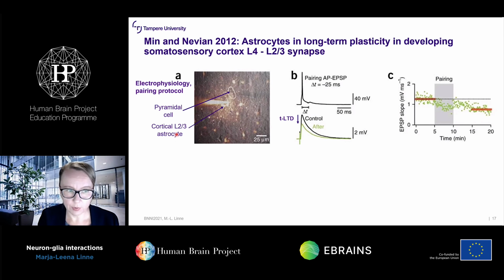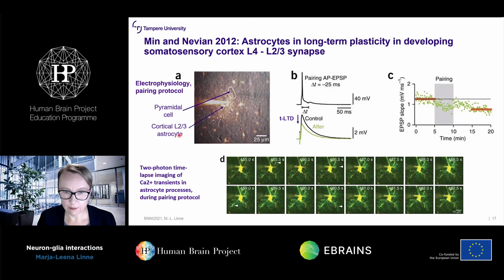And they also were recording from cortical layer 2-3 astrocytes, so the nearby astrocyte, and also used calcium imaging, like in this lower illustration, to see what goes on when you induce the plasticity protocol and how the astrocytes behave.